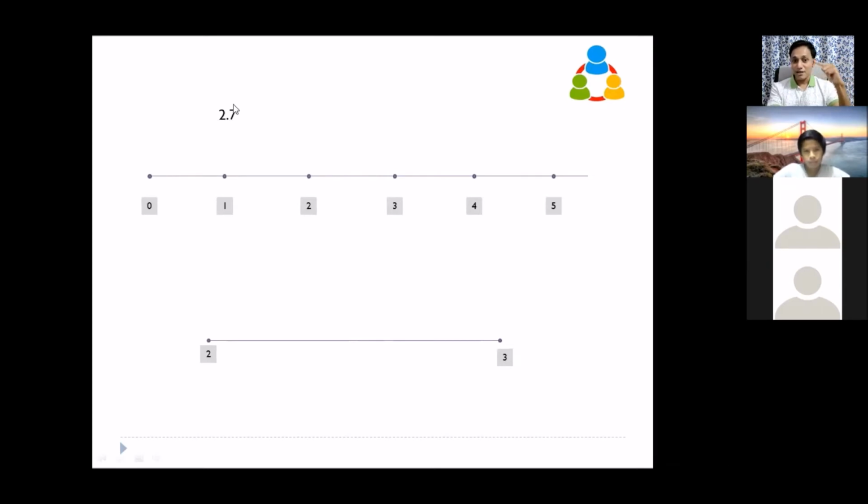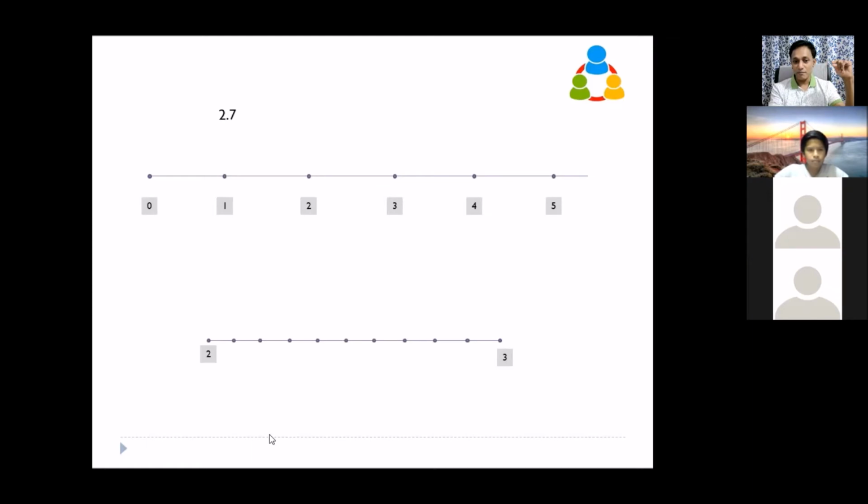After the decimal, first position is what? 1 by 10. 1 by 10 means what? You divide 1 into 10 pieces. So between 2 and 3 the value is 1, between 3 and 4 is 1, between 4 and 5 is 1. 1 by 10 of this means this 1 centimeter or 1 meter or whatever this 1 unit is, you divide it into 10 parts, right?